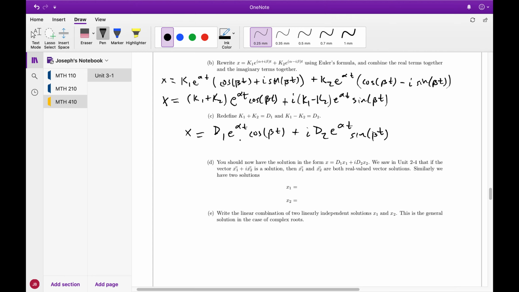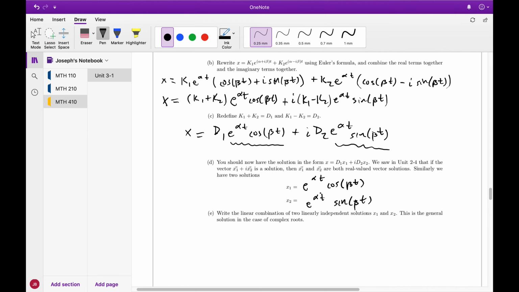And the observation, just like from Unit 2, is going to be that e to the alpha t cos beta t and e to the alpha t sine beta t are, in fact, real valued solutions that are also linearly independent. And so our x1 is going to be e to the alpha t cos beta t, and our x2 is going to be e to the alpha t sine beta t.